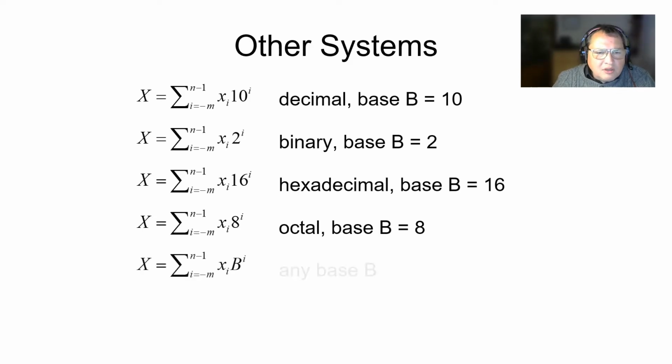The final formula on this page is the generic formula for any positional system, which uses the same maths as previously, but we don't specify any particular base, we just say any base b. So in practical use, we have bases like 10, 2, 16, and 8, but mathematically it is possible to create a positional system based on any other number.